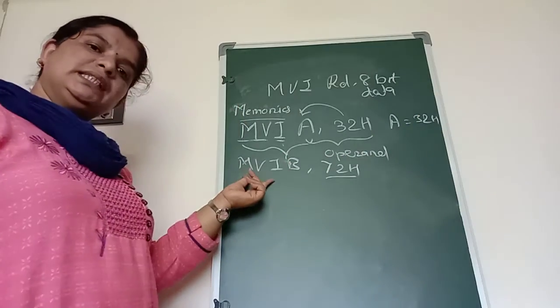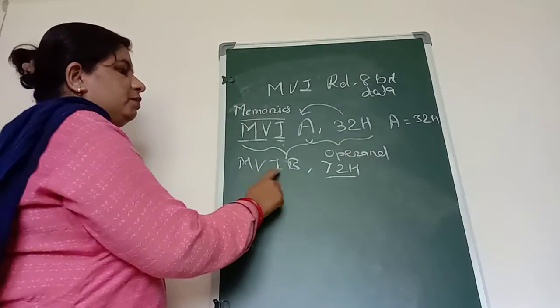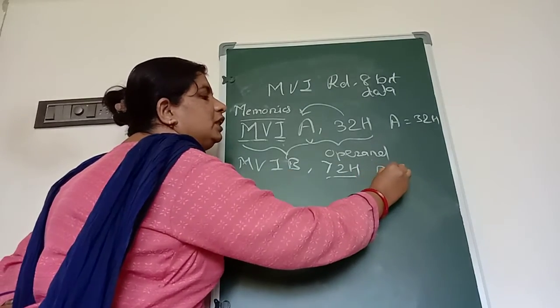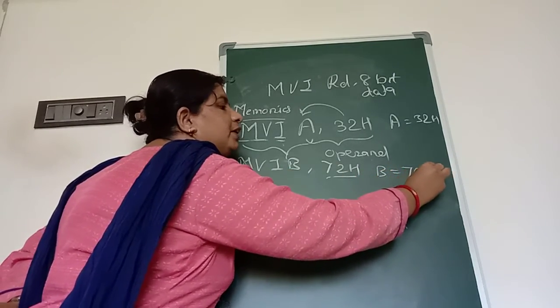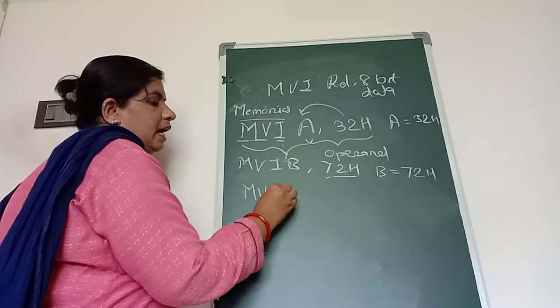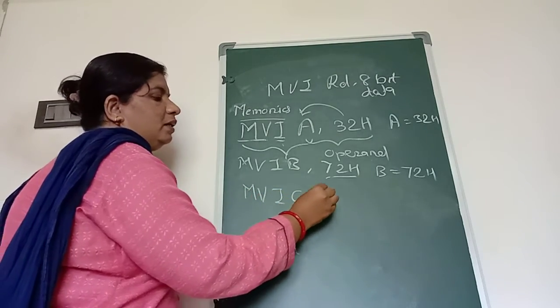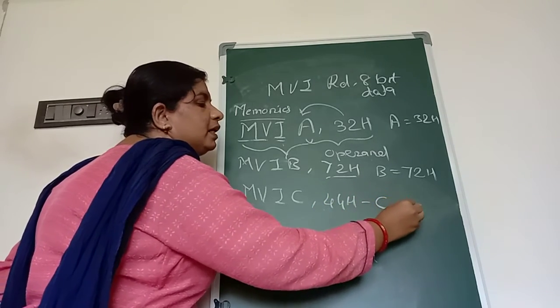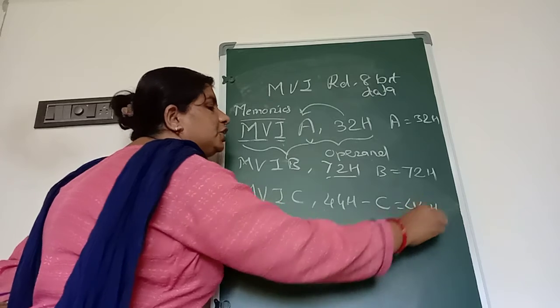Similarly, move immediate number 72 in B register, so after execution B will be loaded with 72H. In the same way we can write MVI C, suppose 44H, so after execution C will become 44H.